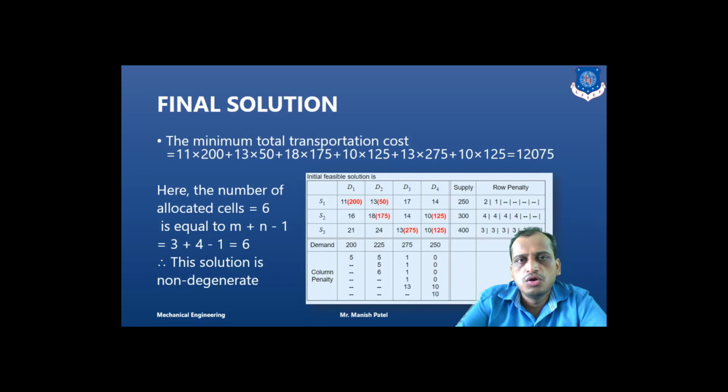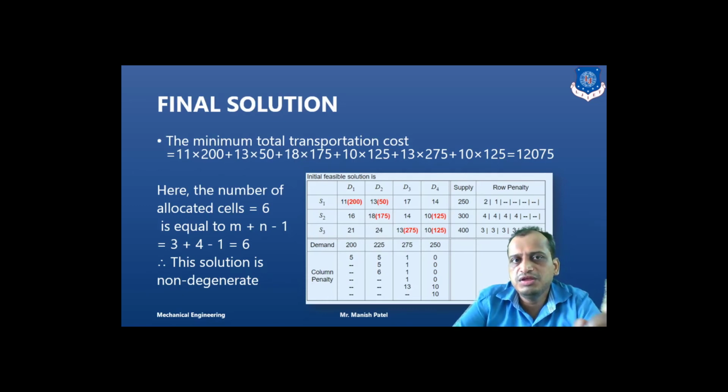But up to here, what have we discussed? We have discussed 3 crucial methods: northwest corner method, least cost method, and Vogel's approximation method. Particularly, Vogel's approximation method is suitable if you want to arrive at a very near optimal solution of minimum transportation cost. In this case, if you multiply 200 into 11, 50 into 13, 175 into 18, and sum all of them, you arrive at 12,075.